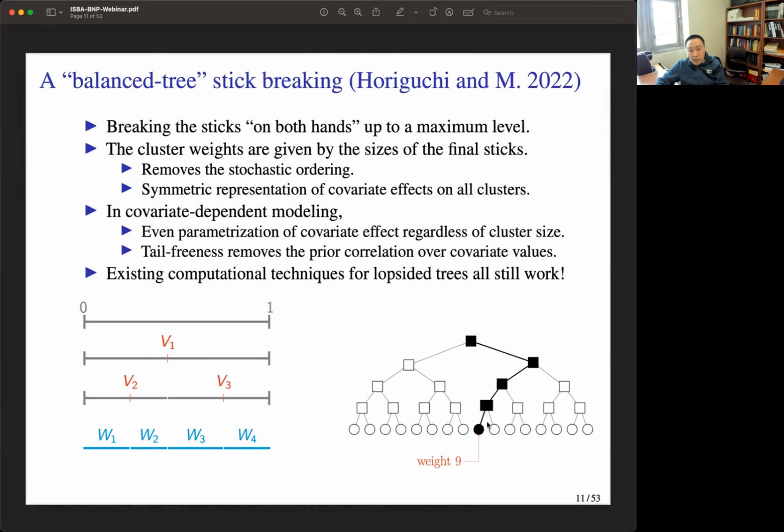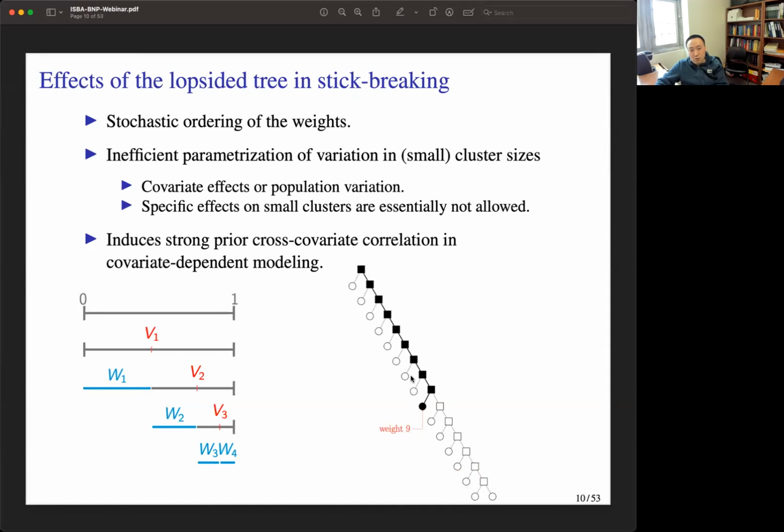Whereas in the balanced tree structure, it's not very easy to label switch. So depending on how you think of label switching, if you think of it as a benefit for mixing, or as a nuisance where you try to correct all those label switches post hoc, this could be more or less desirable. Because if you have a massive number of label switches, it's very difficult to keep track of how you correct them.